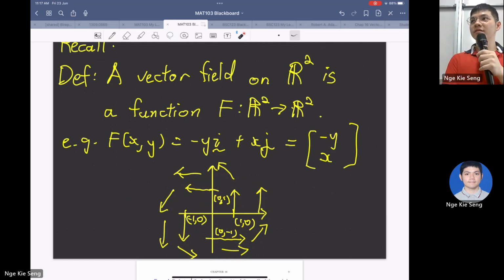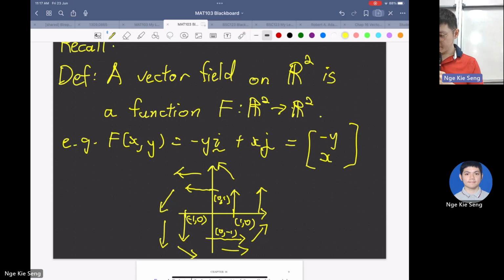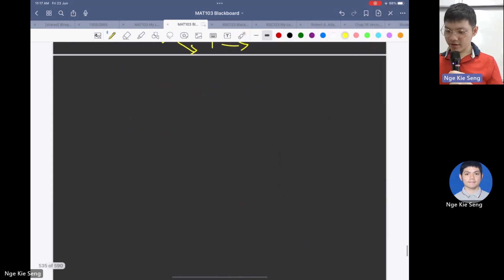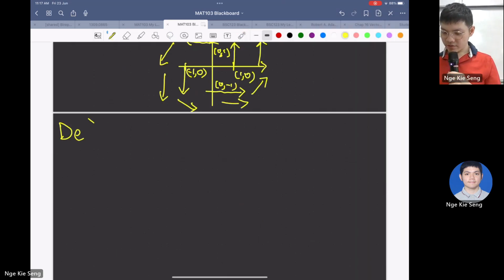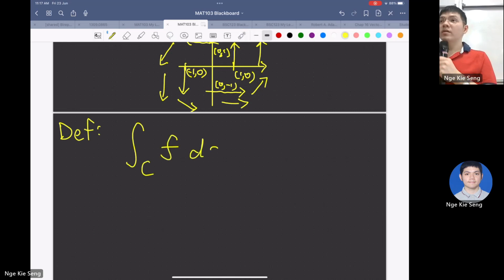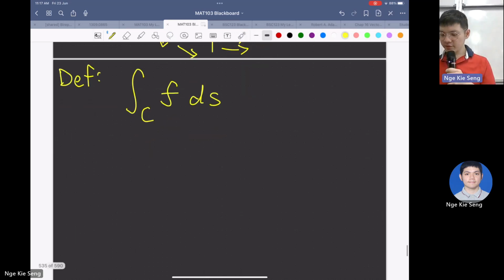And then next, we talk about line integral. So what's the line integral? What's the idea of line integral?